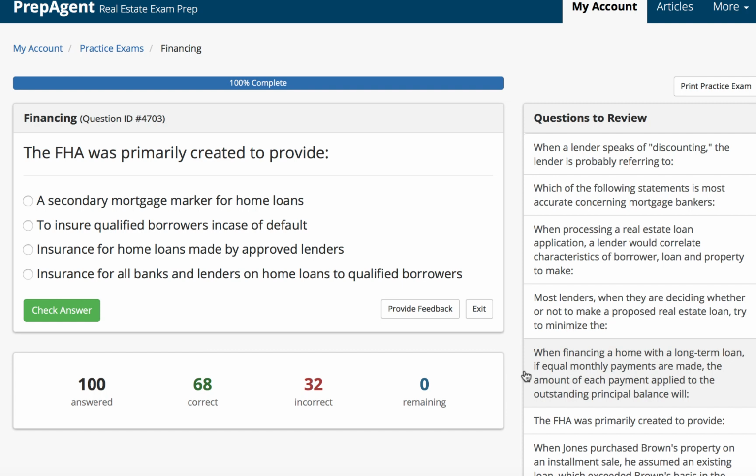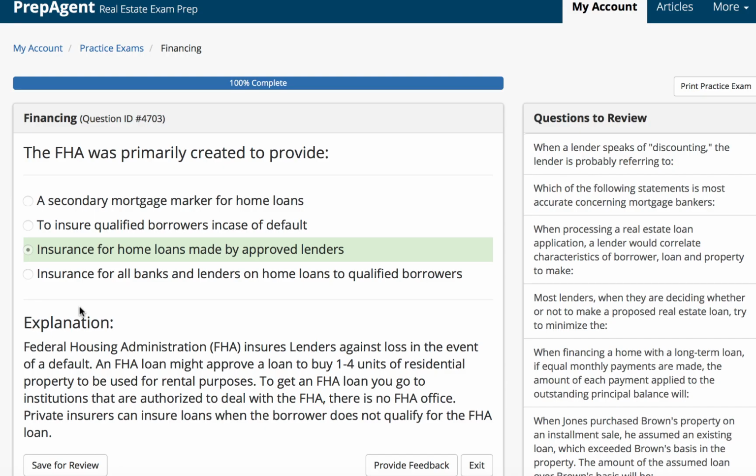So, to ensure qualified buyers, insurance for home loans made by approved lenders, insurance for all banks and lenders on home loans to qualified buyers. So it's either C or D, insurance for home loans made. I would say insurance for home loans made by approved lenders. Excellent. Good.